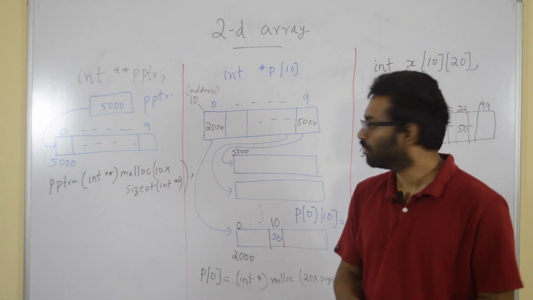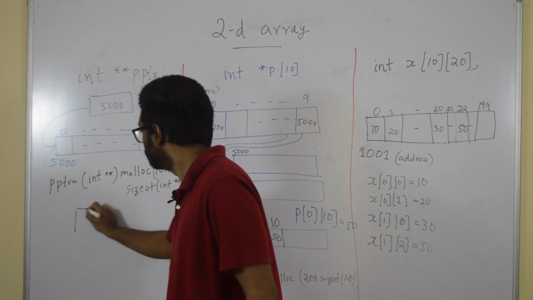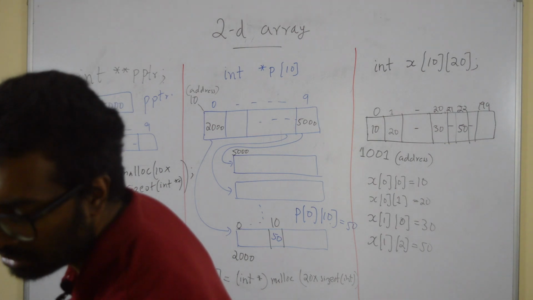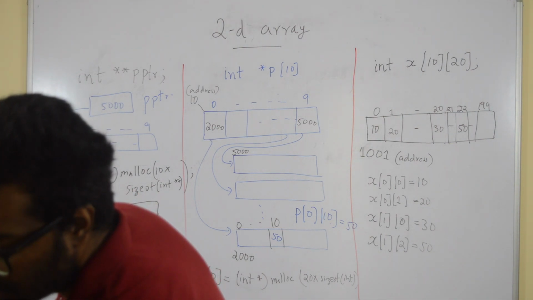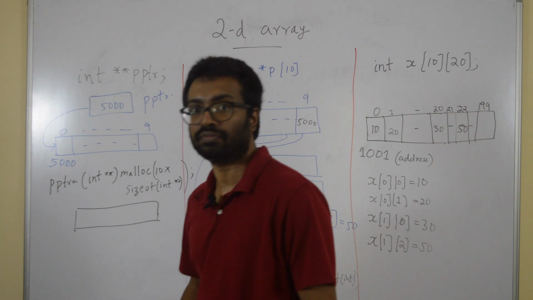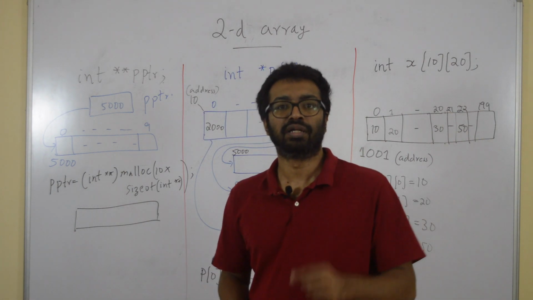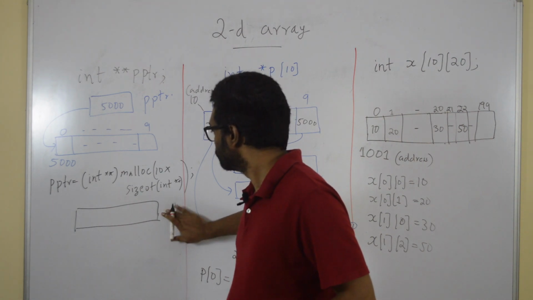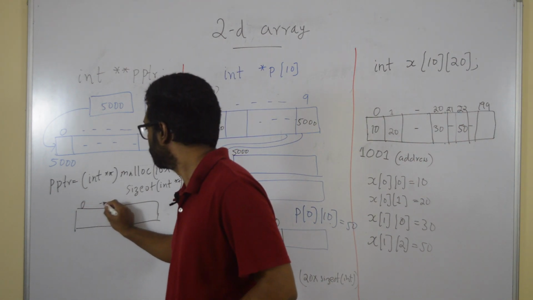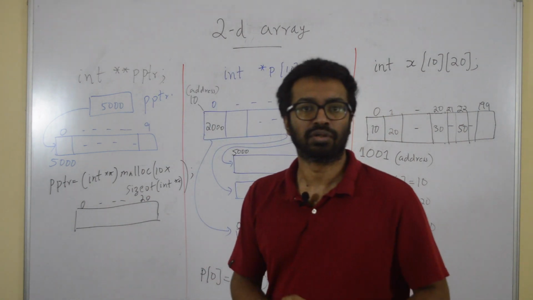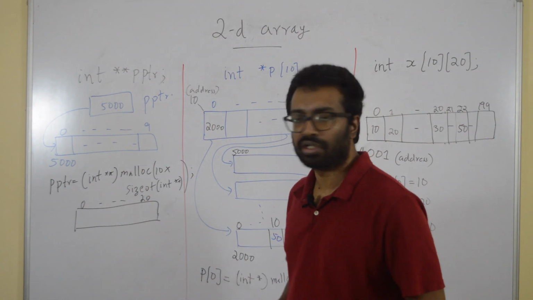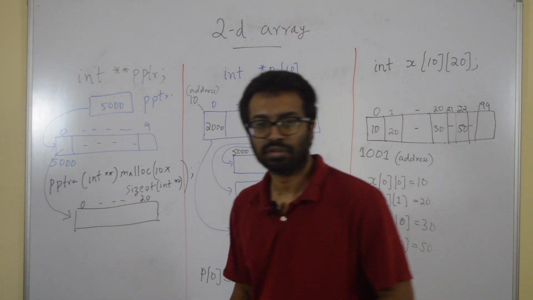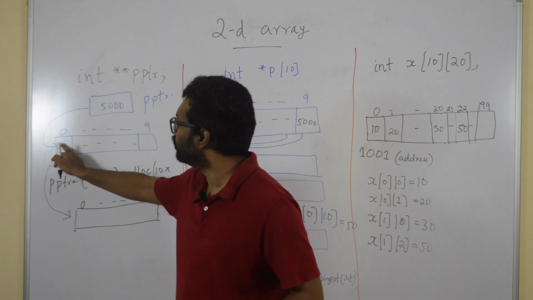So we should now allocate an array of size 20 using malloc, and that address should be given to each.